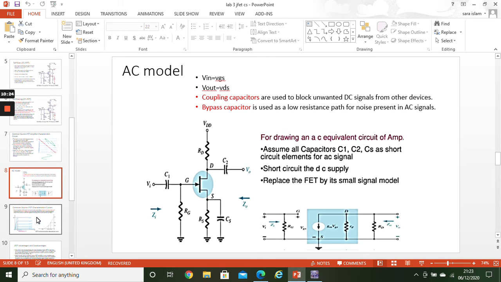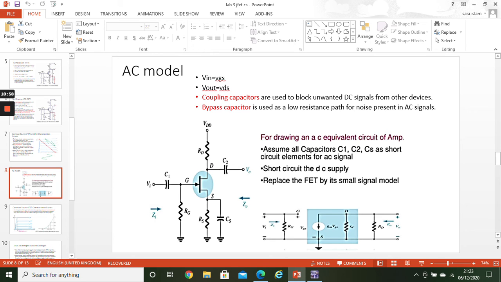Now when you have set your biasing voltage, then comes your AC model. In the AC model we basically use these two capacitors, which are coupling capacitors. The coupling capacitor blocks any additional DC from your input voltage, from the output side, or from your cascaded multiple transistors, because you have already set your transistor in biasing mode or in saturation mode, so you do not want any additional DC.